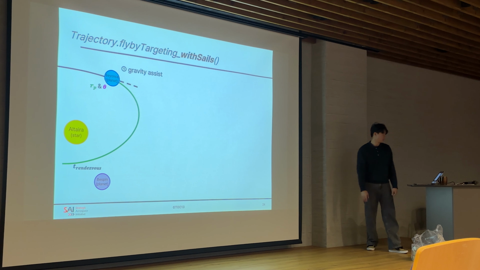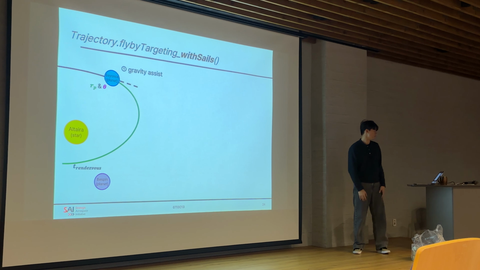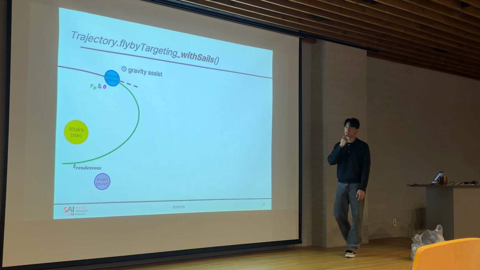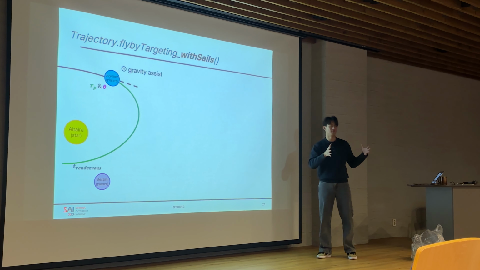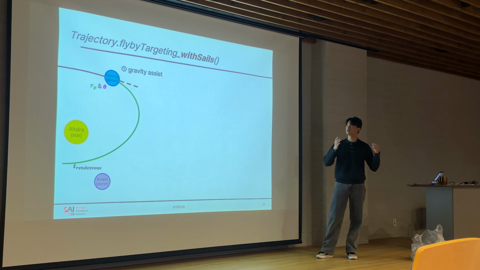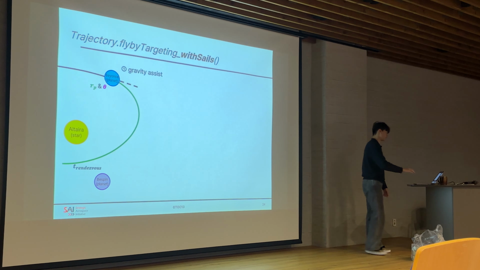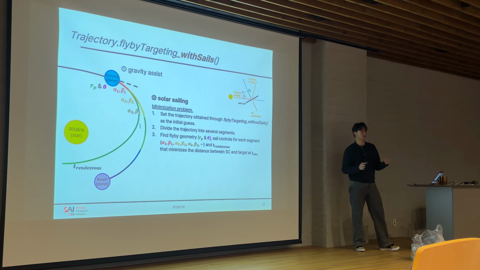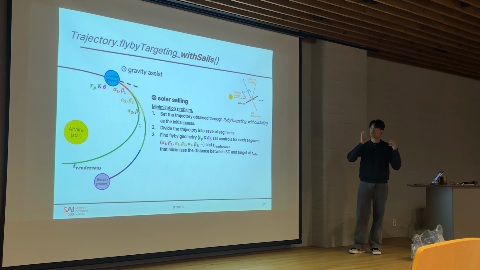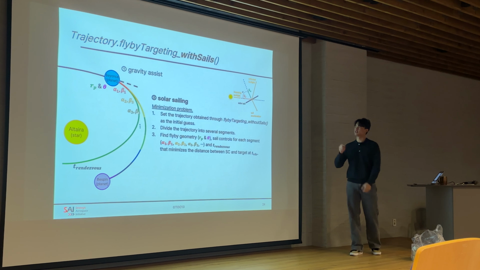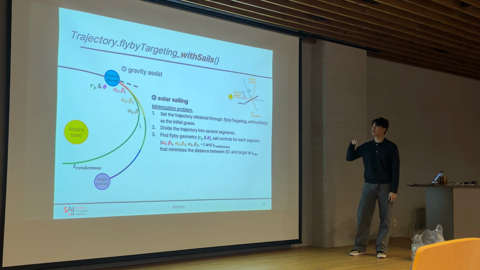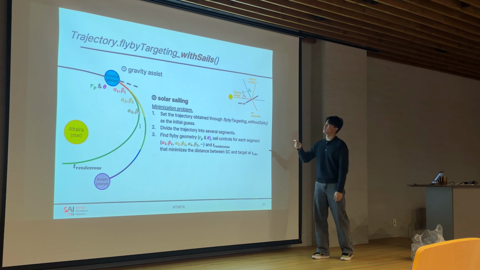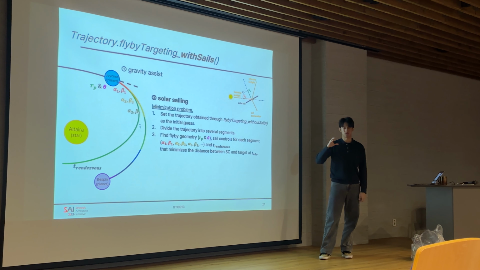So what you want to do in the second part of flyby targeting that uses the sail is like this. You have this green trajectory, which is the initial guess that was produced by the first part of the function, that is by only using gravity assist. And using that as an initial value, you want to first segment the initial guess trajectory into multiple segments and assign a pair of alpha and beta angles to each segment. What each alpha and beta denotes is the control angle for that solar sail.